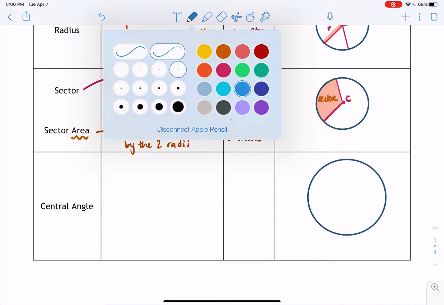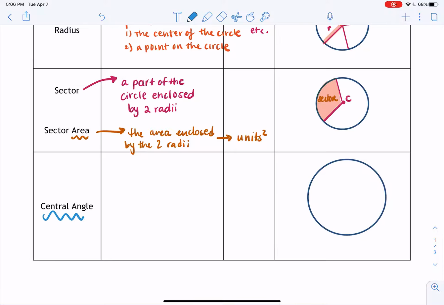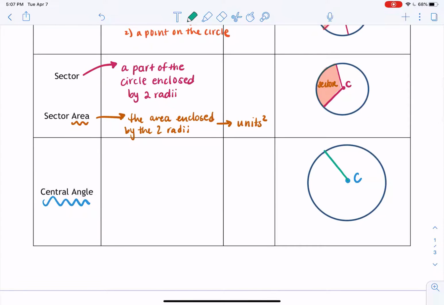One more word for you today, and that is central angle. So we have center point C. A central angle looks like this. So we're going to take two radii. And the angle that's formed here, remember we use theta for angles.